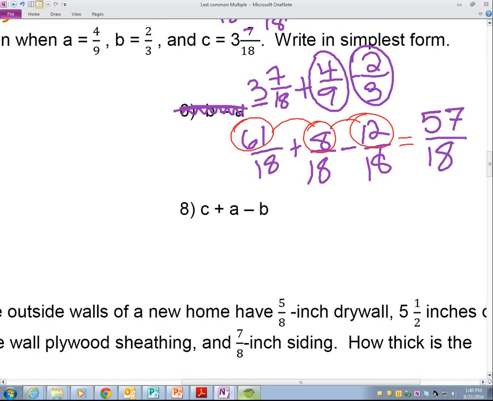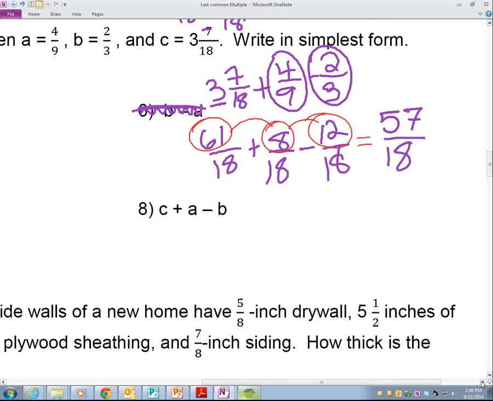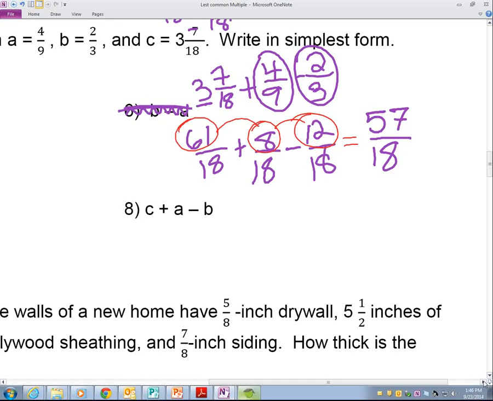57 18ths. Okay, how many times does 57 go into 18? Do I need to do the fraction or the division?